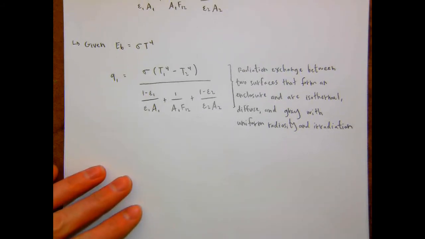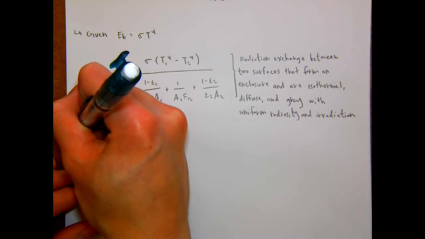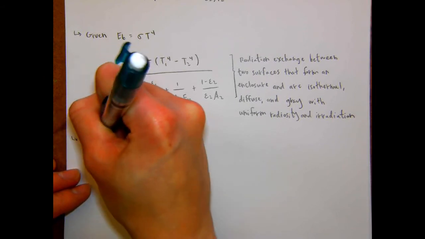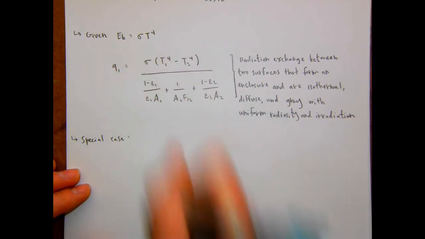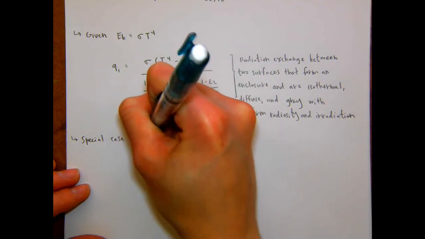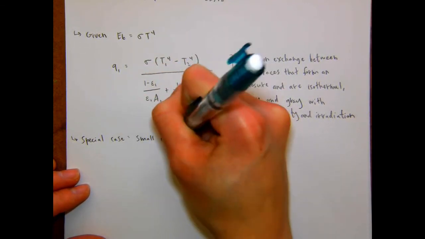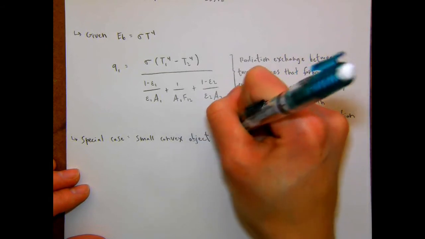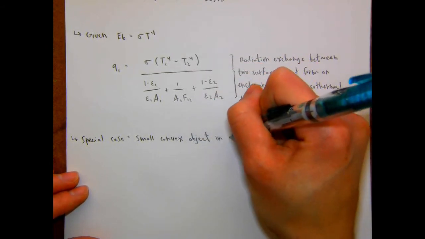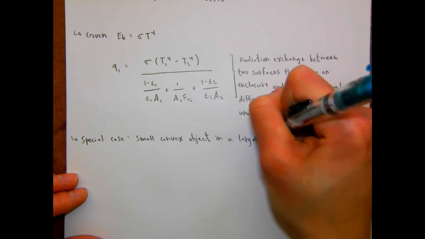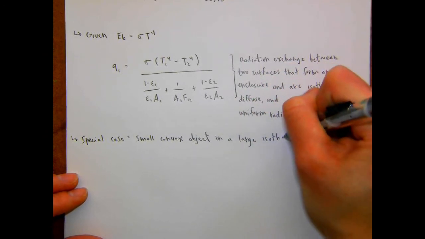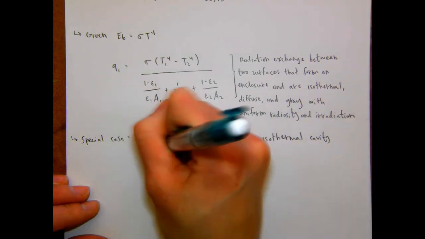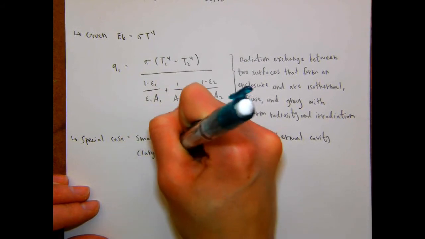Okay, so the last thing we're going to do is consider a special case of this two-surface enclosure. And that's a small convex object in a large isothermal cavity, or large isothermal surroundings.